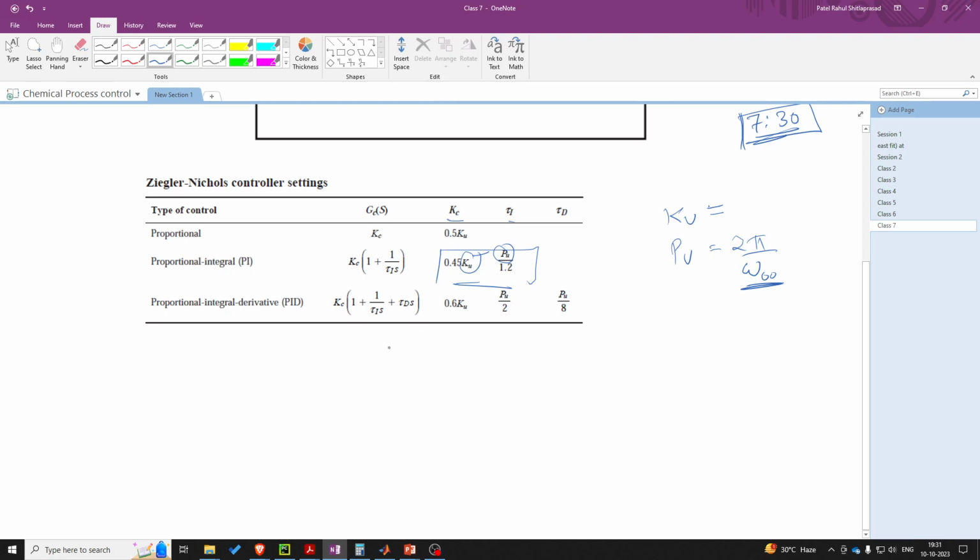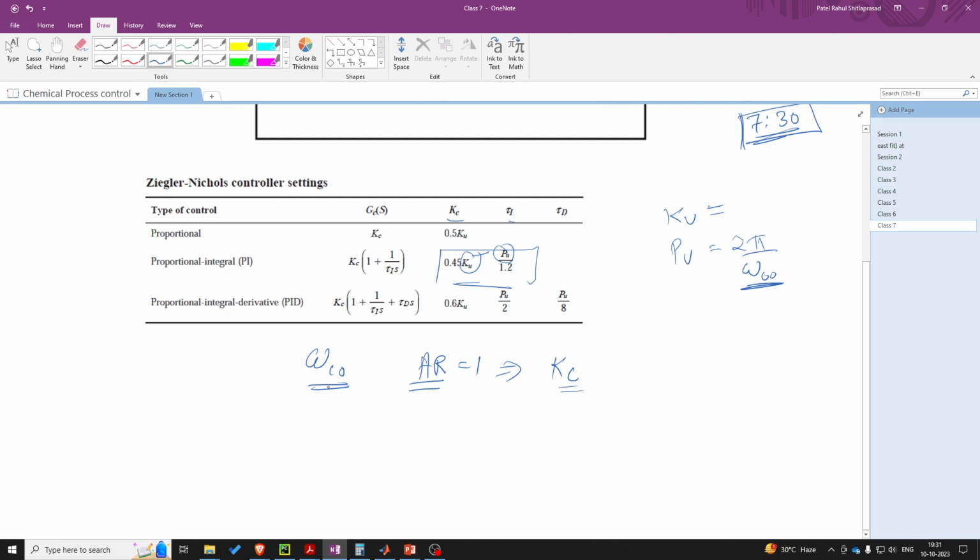Using these two pieces of information, you have to find this omega C0, that is gain crossover frequency, and then you can equate amplitude ratio equal to 1 in order to find the value of Kc. Basically that will be nothing but your ultimate gain.